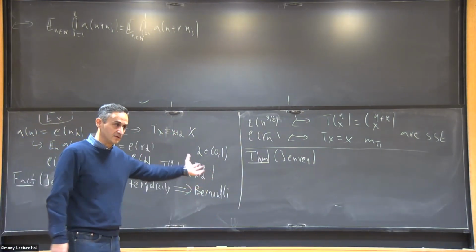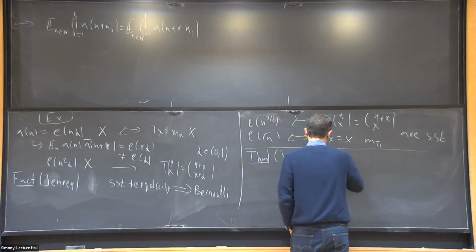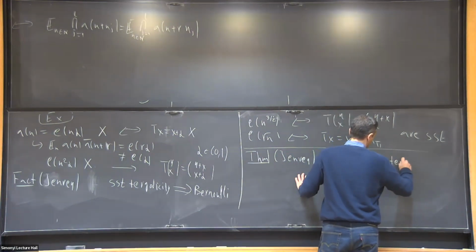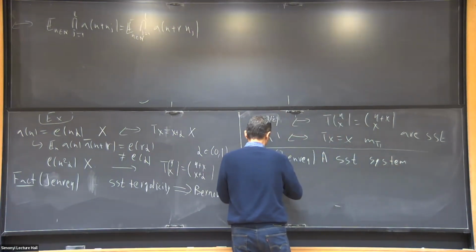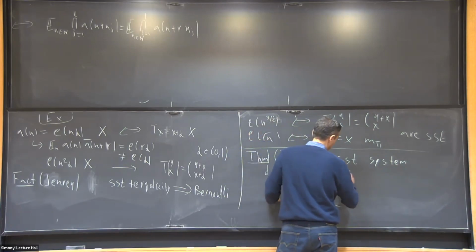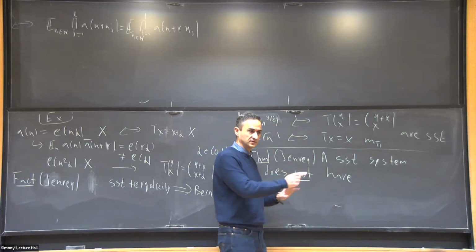So let me just tell you how we prove this quickly. Convince you at least. The same is true with rational spectrum also, but this will not be relevant for us.